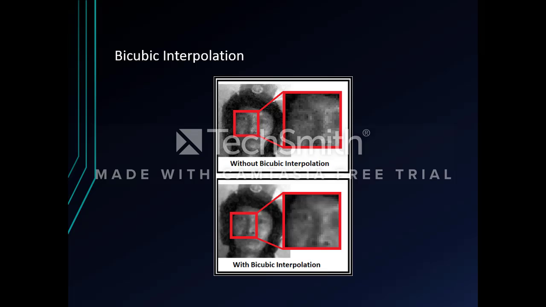Then this is an illustration of bicubic interpolation. At the top is without bicubic interpolation, and at the bottom with bicubic interpolation.